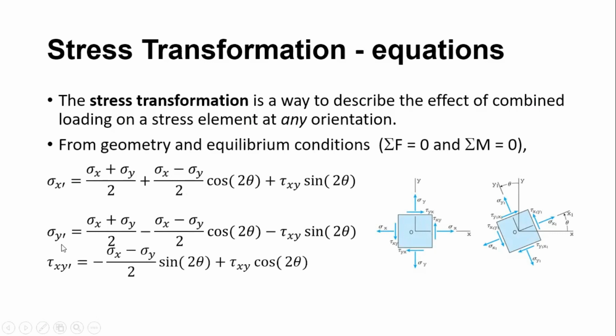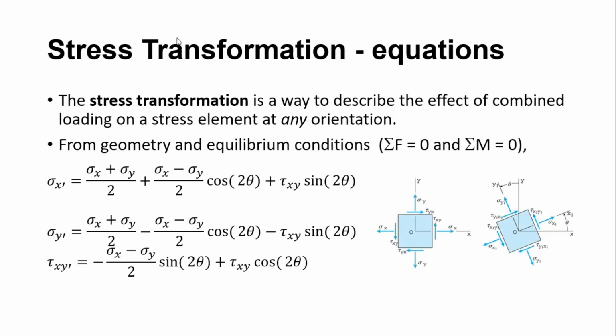And then yung sigma y prime naman natin is quantity of sigma x plus sigma y over 2 minus quantity sigma x minus sigma y times cosine 2 theta over 2 and minus tau xy sine 2 theta. And then yung tau xy prime naman natin is equals to negative sigma x minus sigma y over 2 sine 2 theta plus tau xy cos 2 theta.